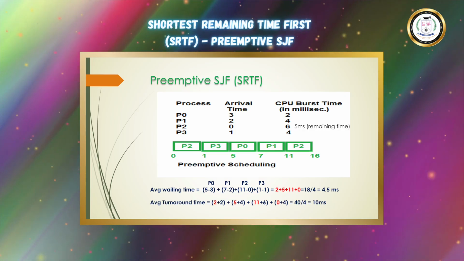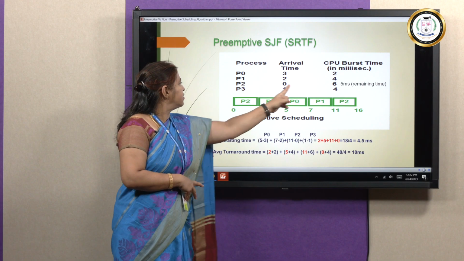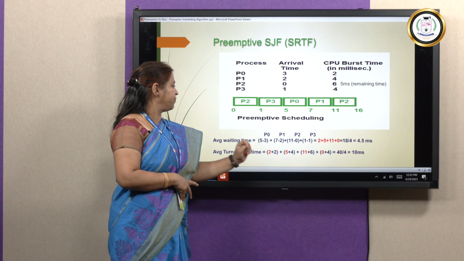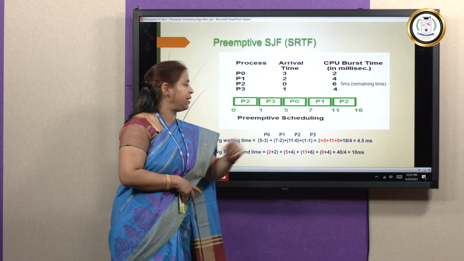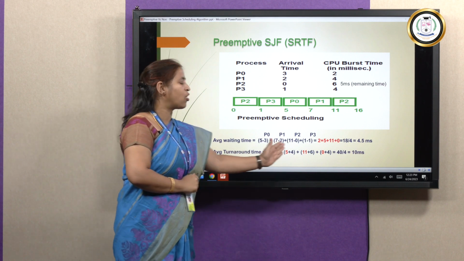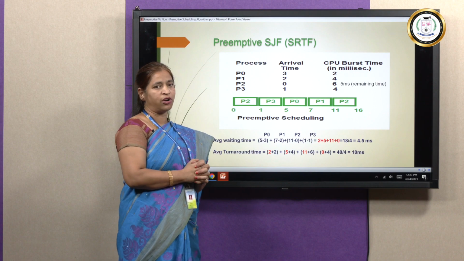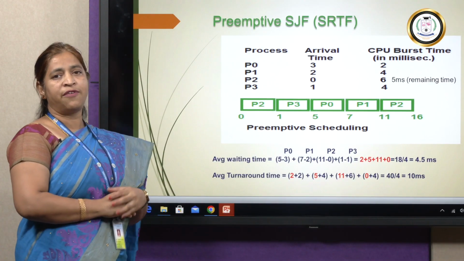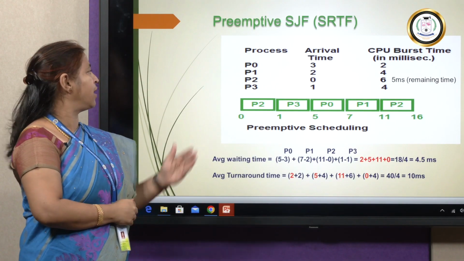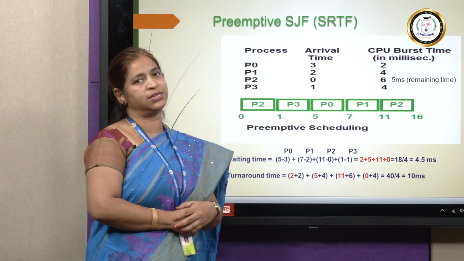P1's waiting time is 5, then we add P1's burst time, 5 plus 4. Similarly for P2 and P3, waiting time plus its own burst time. Calculating accordingly, the total turnaround time is 40. To calculate the average turnaround time, we divide it by the number of processes. So 40 by 4 is equal to 10 milliseconds.